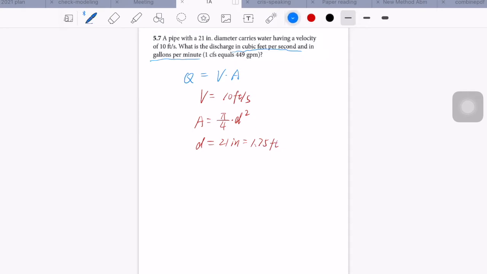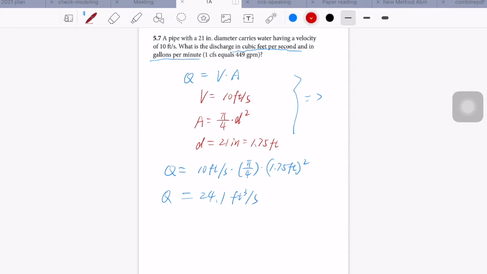So Q should be equal to 10 feet per second times pi divided by 4 times 1.75 feet squared. So Q is equal to 24.1 cubic feet per second.